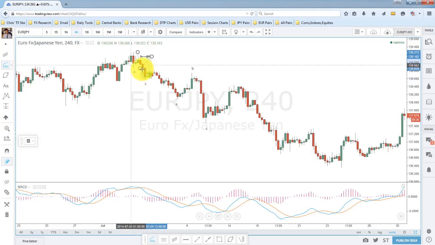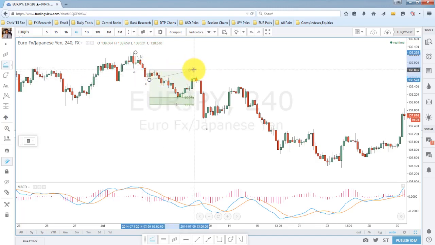Now, let's take this a step further. I'm going to get rid of this, and now we're going to measure this entire ABC. So I'm going to measure from right here, this completed cycle, ABC. We're going to pull it back to that correction, and then look at this cycle. 100%, equal legs. Now, an Elliottician is going to tell you that this is a 5-wave cycle.